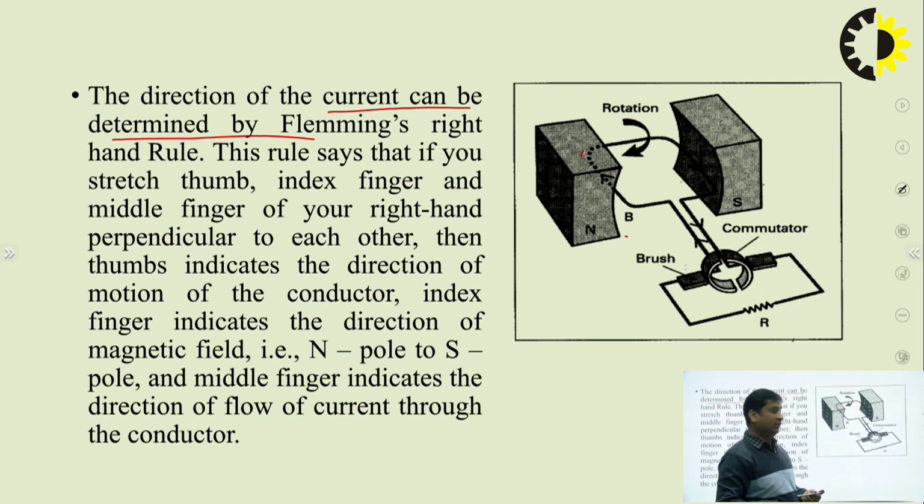Or we can say that if the coil is rotated in the clockwise direction, the force acting on this coil is upward, and the flux is going from north to south, so the direction of current will be in this direction. This is a simple method to determine the direction of current in your DC generator.